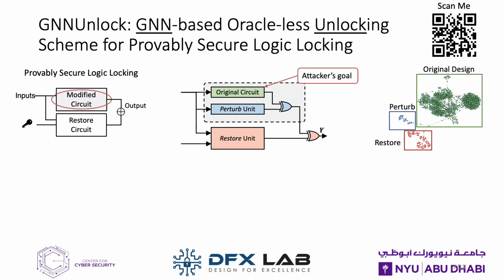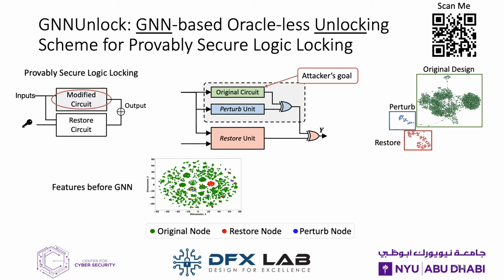And just to show you how helpful the GNN is, here we are visualizing the features of the nodes for these different blocks, and we're showing the classes. And you can see now that it is difficult to identify the perturb nodes. We cannot really see the blue nodes in this representation.